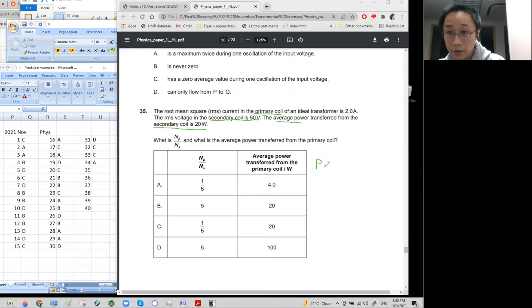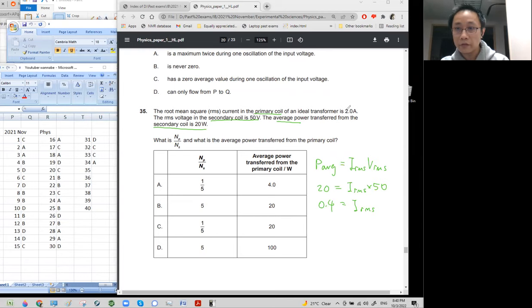So P average equals I RMS times V RMS. Therefore, the I RMS is 0.4.